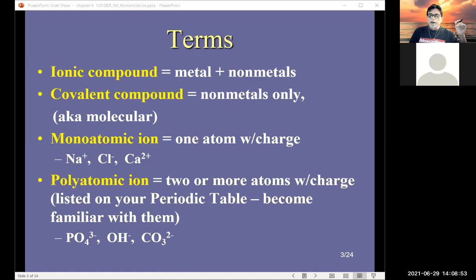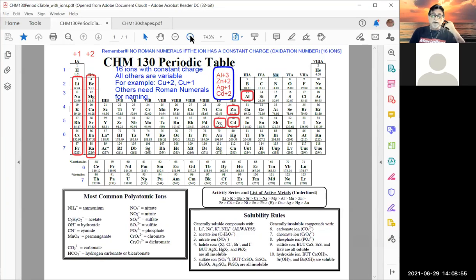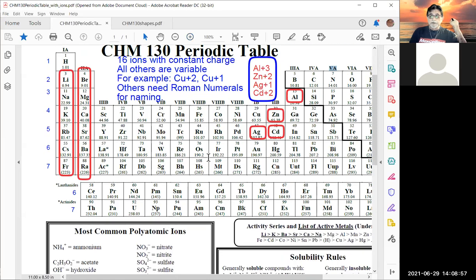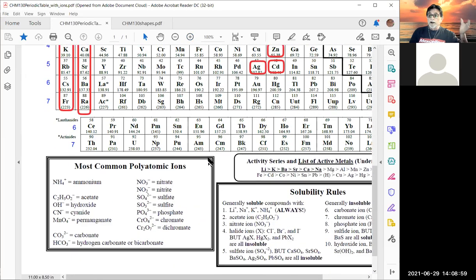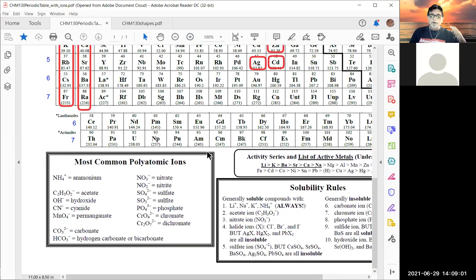Now, go to the periodic table on the bottom left side. There's a table of the most common polyatomic ions that we're going to use, okay? Remember this, these polyatomic ions come to us in a packet. They are not separated individually.